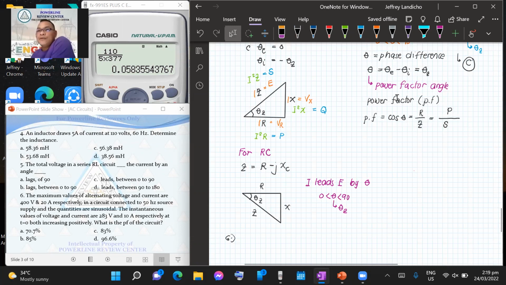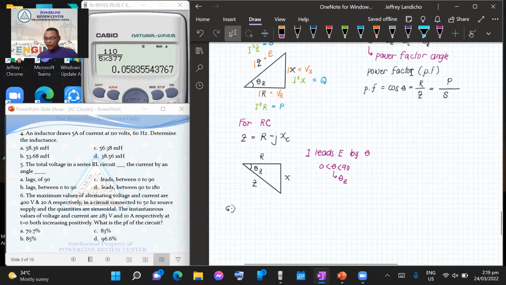So therefore, to solve for this power factor, kailangan malaman natin ano phase angle ng voltage at current based sa problem. So binanggit ng problem that the maximum value for our voltage that is equivalent to 400 volts, wherein the maximum value for our current that is only 20 ampere.